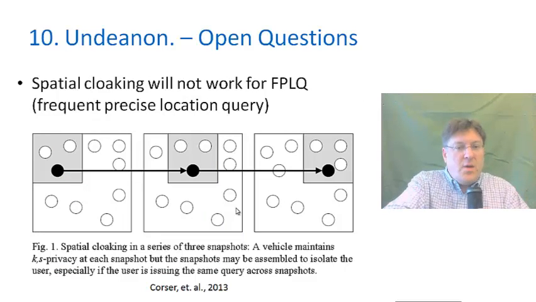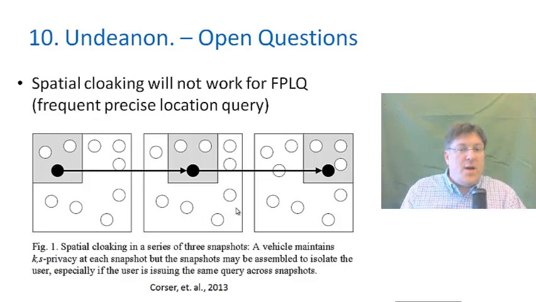Spatial cloaking does not work if you have frequent precise locations, even at the application level. For example, if you have this car here, you can see that the 2 dots in the upper left are in one spatial cloak region, and then of the second one, only one of them is in there, and then of the third one, none of the first 2 are in there.